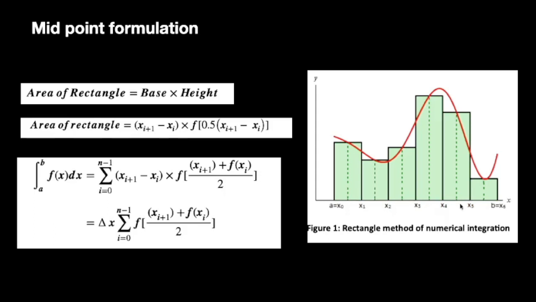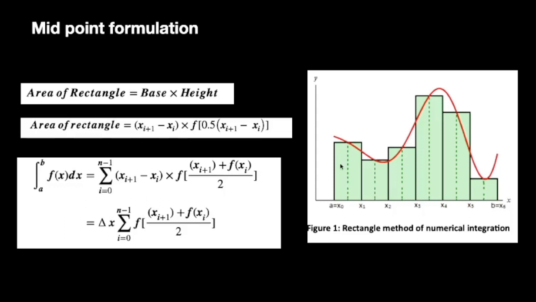In this diagram, n is 6. So you can see 1, 2, 3, 4, 5, 6. It tries to find the area of each interval. So you find the area of the first one, second one, third one, and so on and so forth, and then you add all the areas.